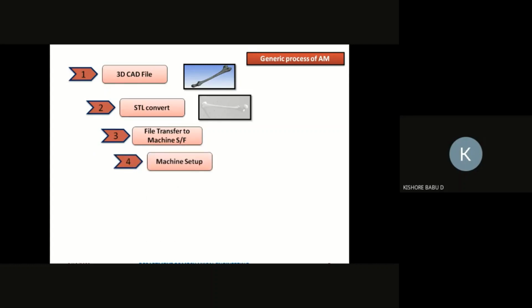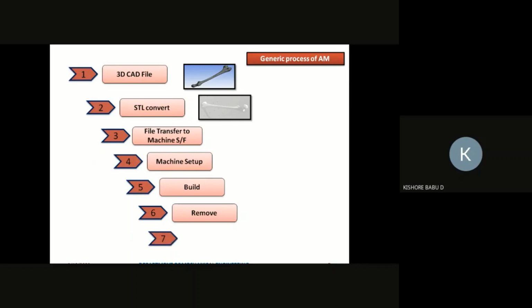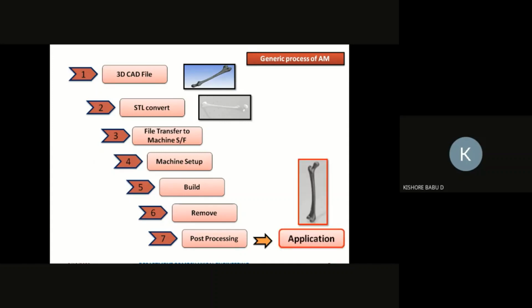After this slicing, the next step is giving this file to the machine setup. The machine setup builds the part, and after building, remove the part from the machine setup. Then we go into post processing if it is required.